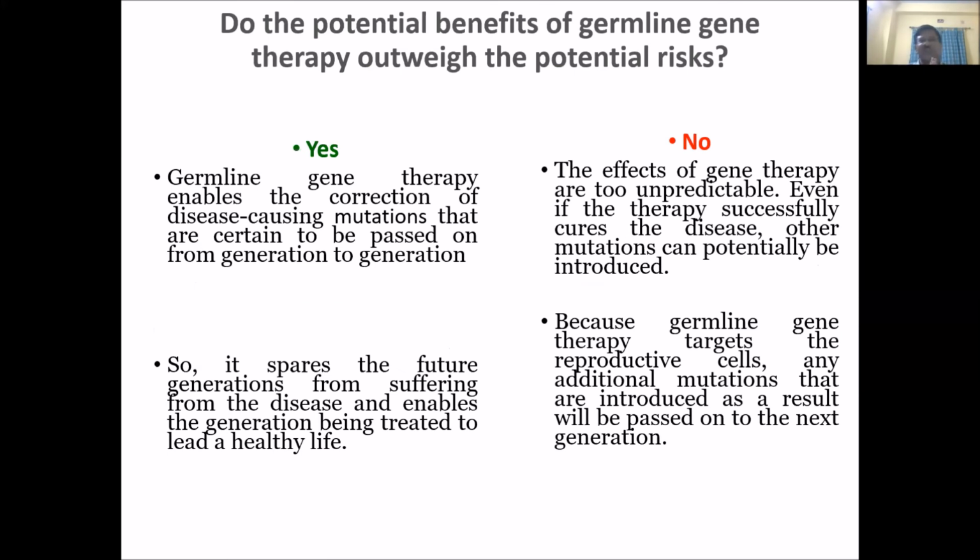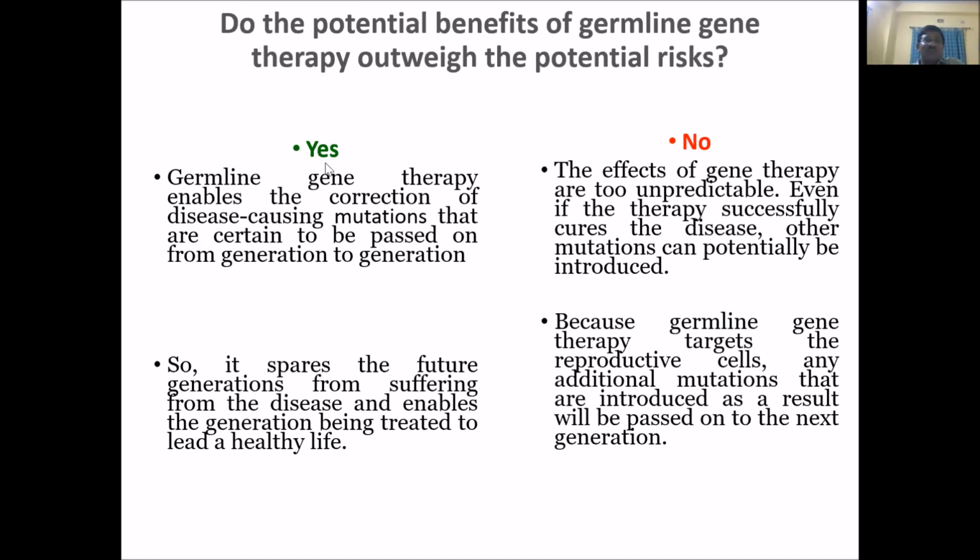So should we replace somatic cell therapy with germline gene therapy completely? What are the yes and no's? Do the potential benefits of germline gene therapy outweigh the potential risks?